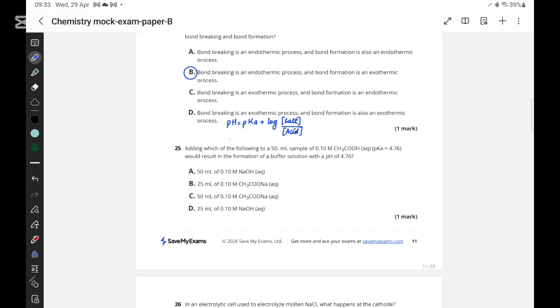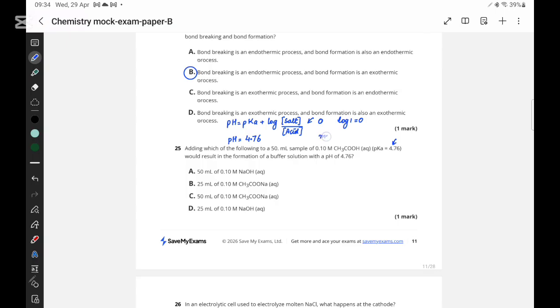And they want pH to be equal to pKa value, which is 4.76. For that purpose, this log term must be 0. And how does it become 0? When the concentration of salt and acid becomes equal, then log of 1 becomes 0. So we need to see where the salt and acid concentrations become equal.